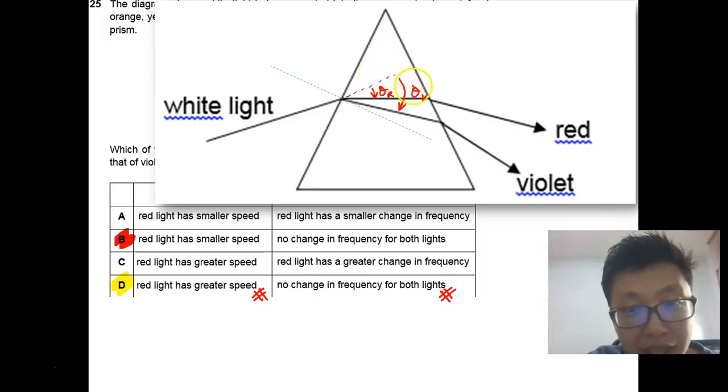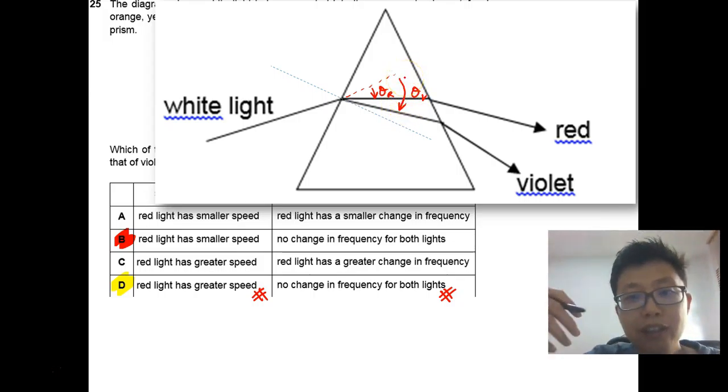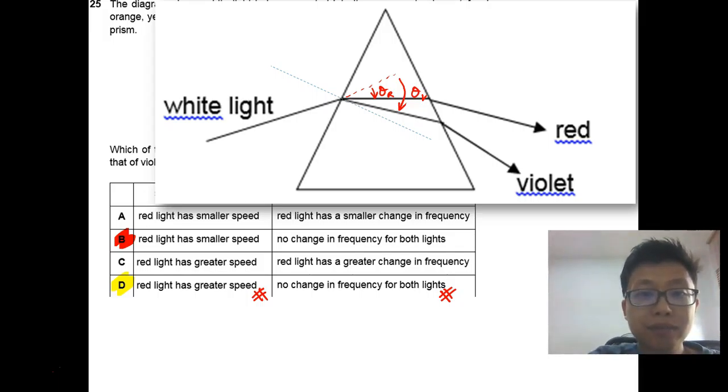And the violet light has much more bending, meaning that the amount of bending it experiences represents the amount of change in speed that the light is experiencing.